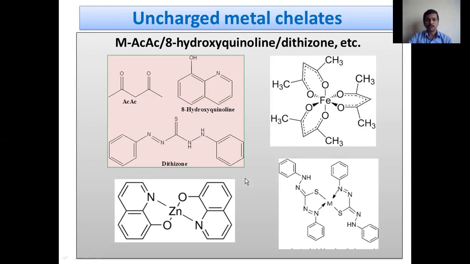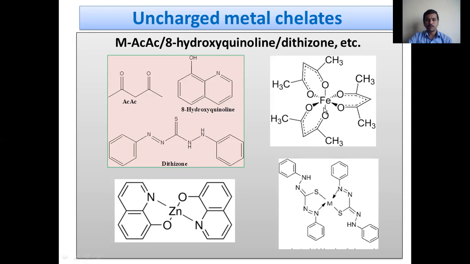If you look at the structure of these complexes, they do not possess any charge. Because of their chelating structure, a ring-like structure is present in these complexes. Therefore, these complexes are present in chelate form.